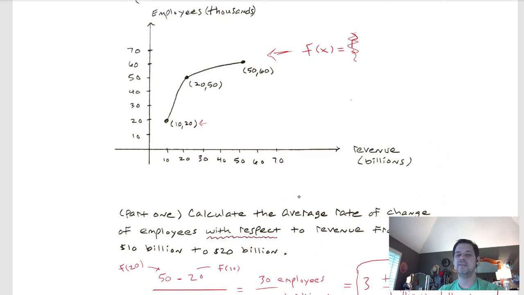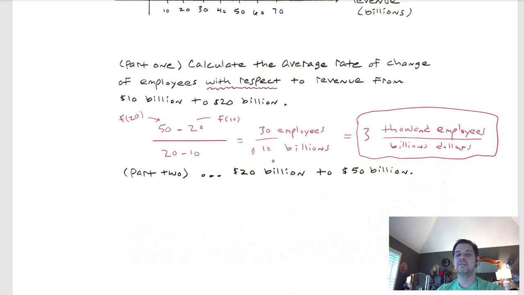This is 40,000 employees. And down here, this is revenue in billions. So that number is employees in the thousands, and this is dollars in the billions. That's why, however I reduce this number, it has these leftover units of 1,000 employees per billions of dollars.